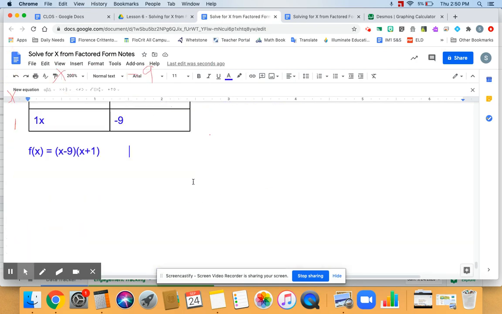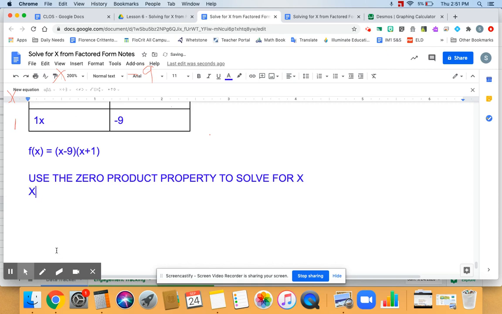because now I need to solve for x, and when it's in factored form, how do we solve for x? We use the zero product property to solve for x, which just means to take each parenthesis, like x minus 9, and make it equal 0.